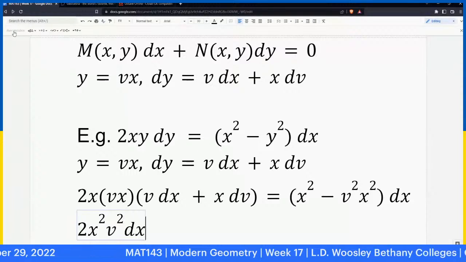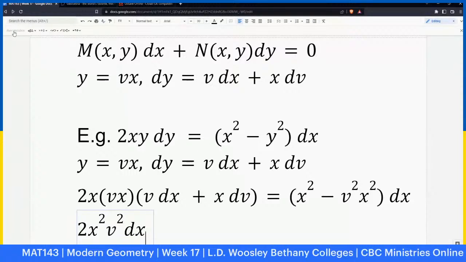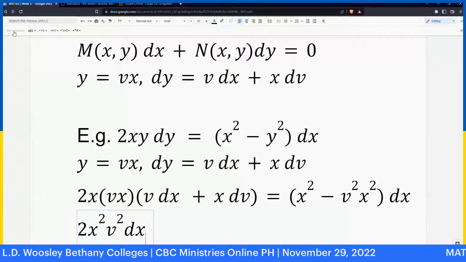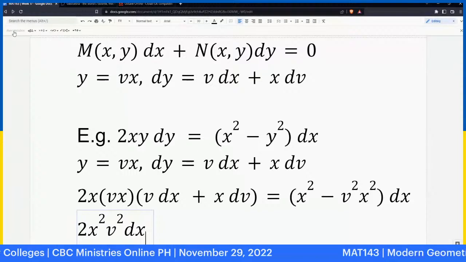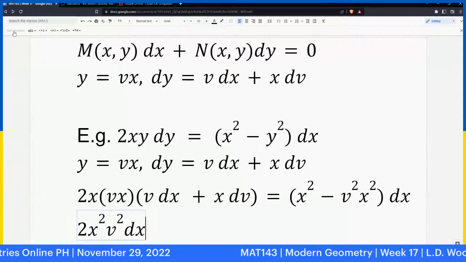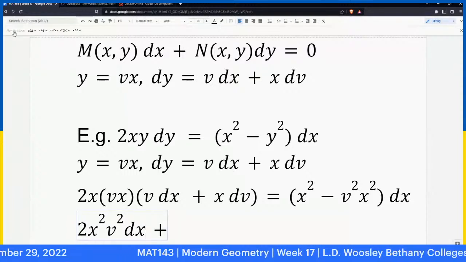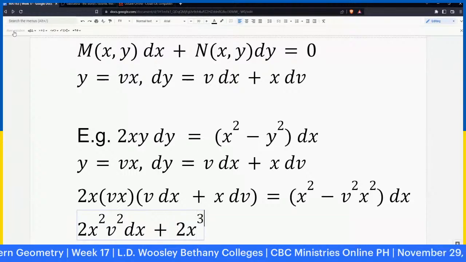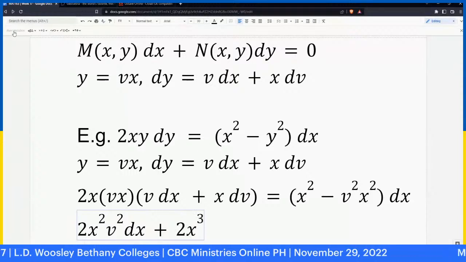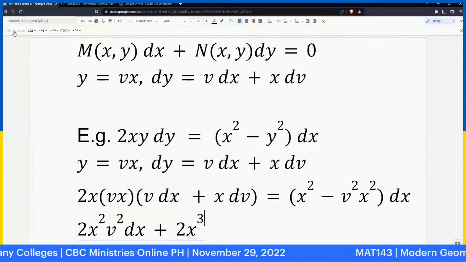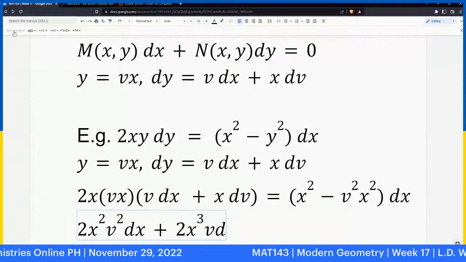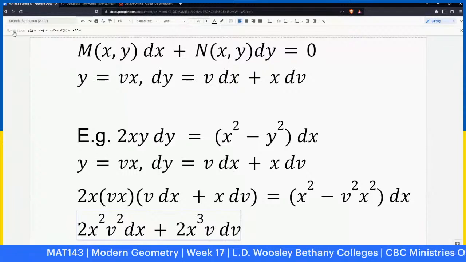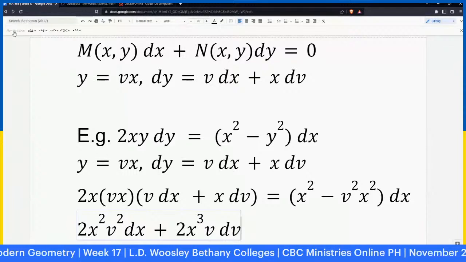Bx plus bx cubed. 2x cubed. X cubed, no? X cubed b. X cubed b. Yes. db.